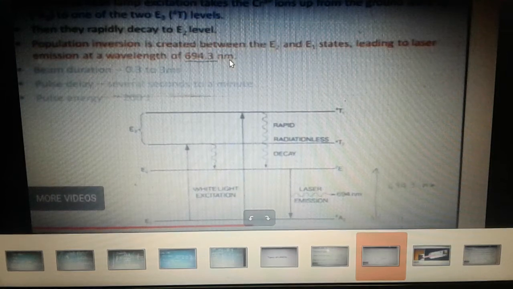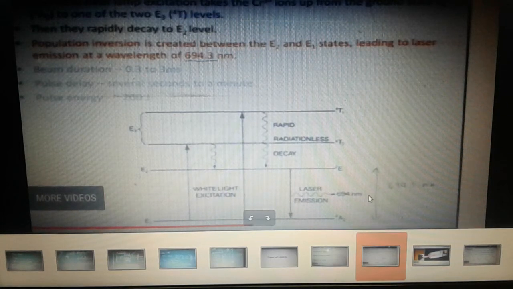It is in the red region of the visible spectrum. Also, one other important thing is that we get the output in the form of pulses. It's a pulsed output, meaning the output from the laser is not continuous. We get one pulse, then there is some delay, then another pulse.